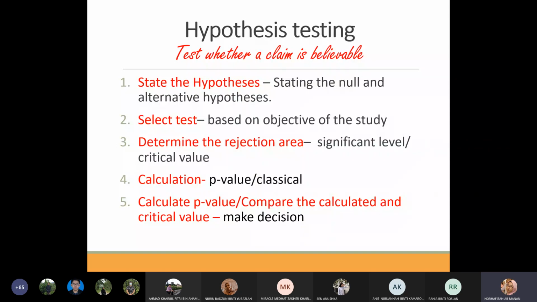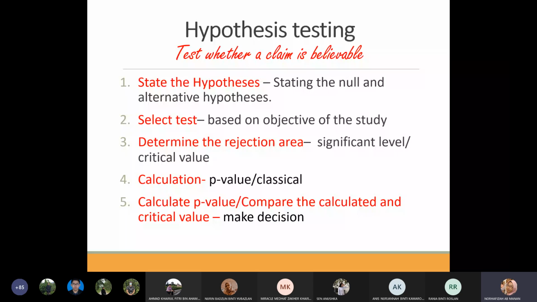Basically, there are two methods to decide whether the hypothesis is right or wrong. One is the classical method, which you have learned before. There are some formulas that you used before, like for t-test, you take the mean minus something, and then you divide by the SD, and then you compare that value to the t tabulated.